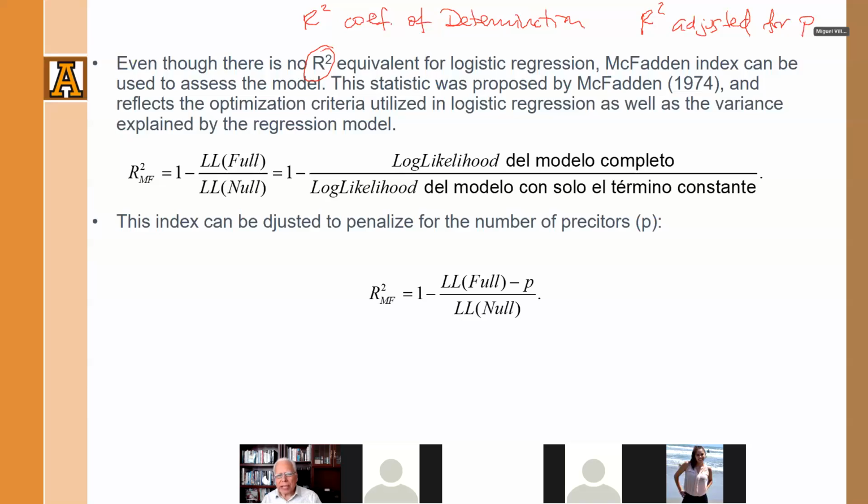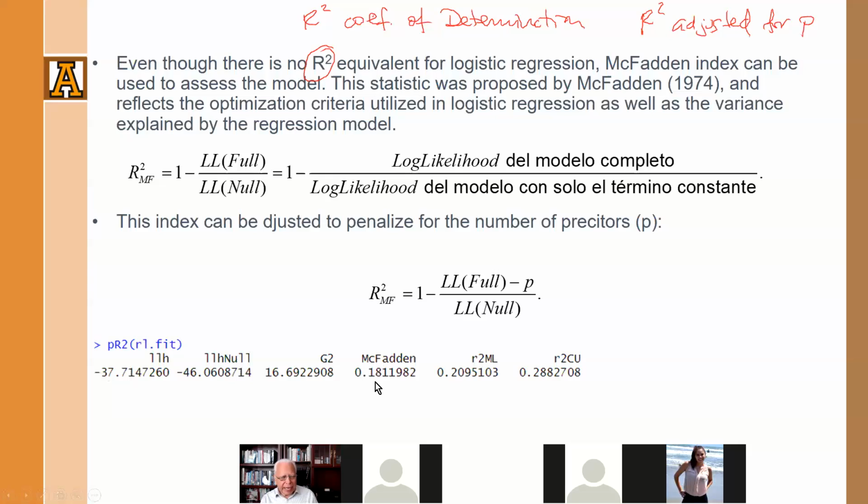Because the more predictors I add to a regression model, the R-squared will always increase. Okay. So what we need as guidance is something that also considers the fact that the coefficient of determination always increases if I add variables. I need to penalize the model somehow because I'm adding more variables. So we adjust it by subtracting the number of predictors in the numerator.